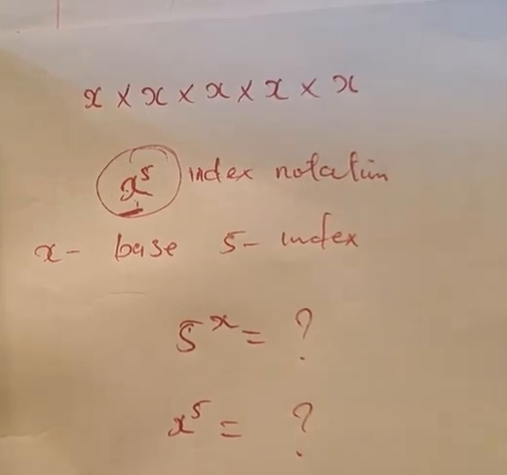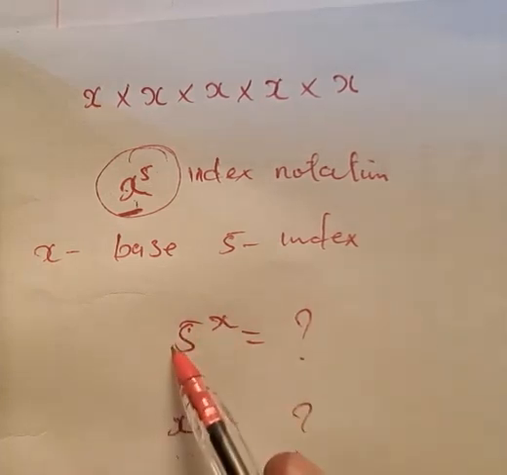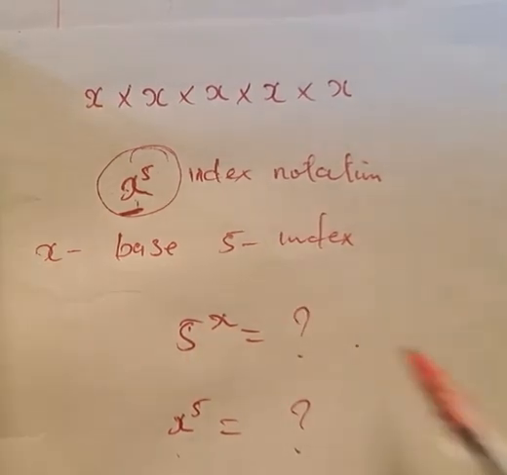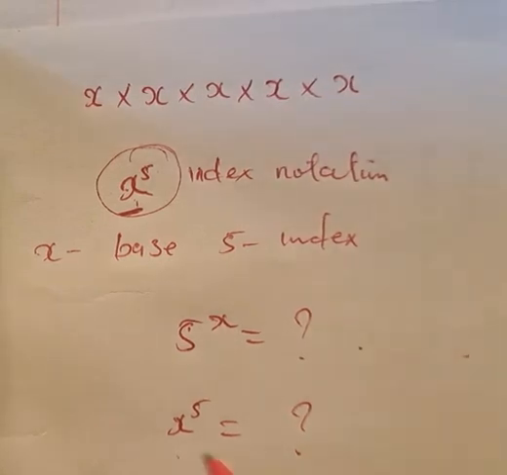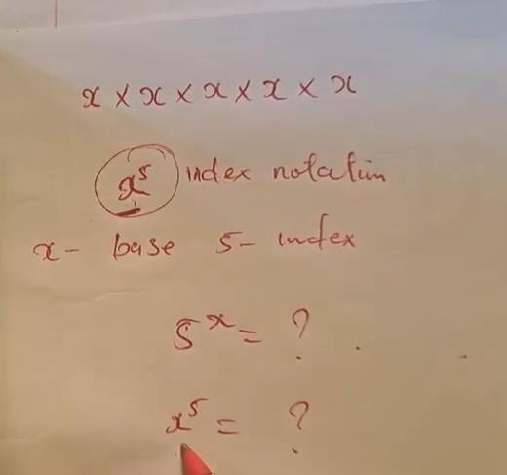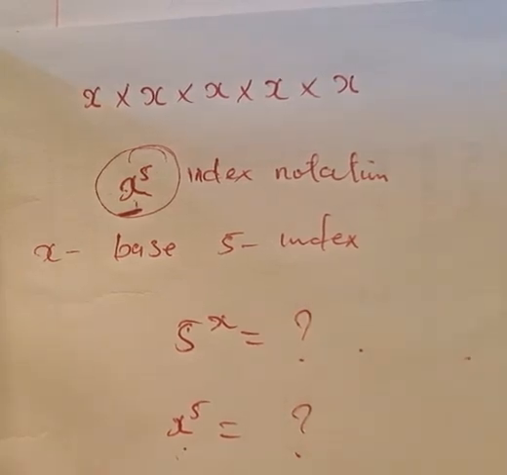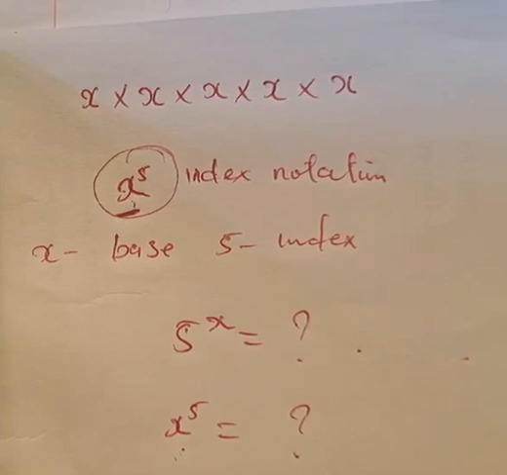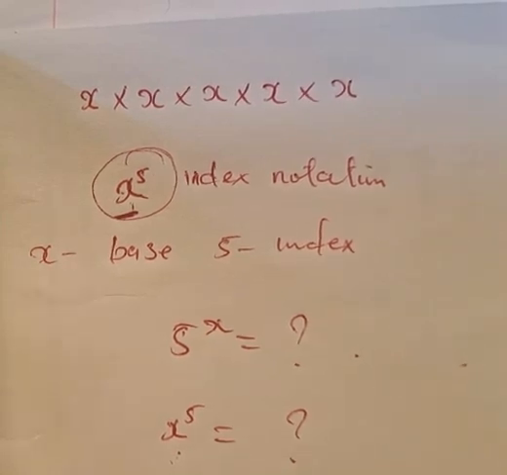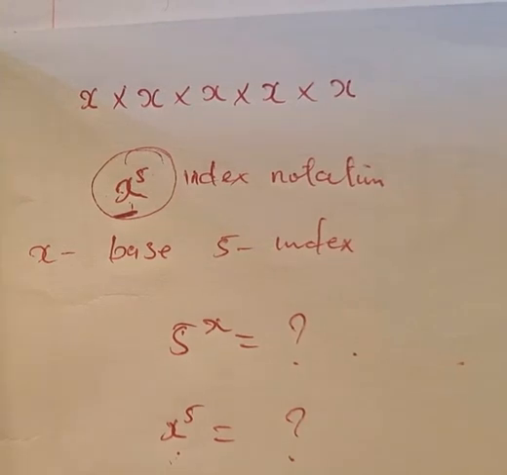Still, you have to find the value of x. This one we call when the index is unknown, and this one is when the base is unknown. So what are you supposed to do? Let me solve one question that intrigued me the most on when an index is not known.